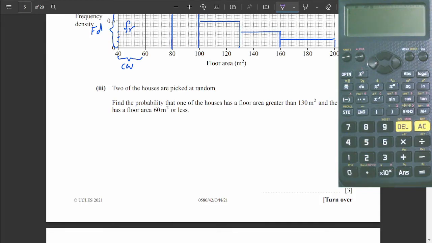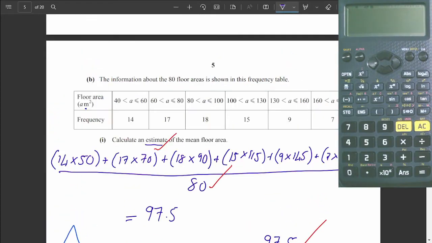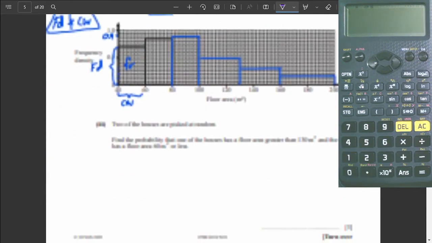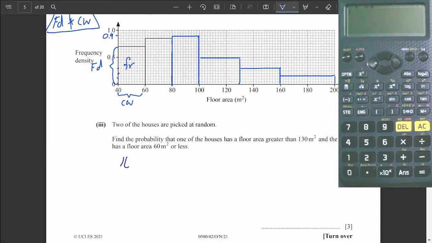Question 2b, part 3, probability. We're picking two houses. One floor area greater than 130, the other has a floor area less than 60. So let's first check that, right? Floor area greater than 130 will be these 9 houses and these 7 houses. So there are 16 houses with a floor area greater than 130.